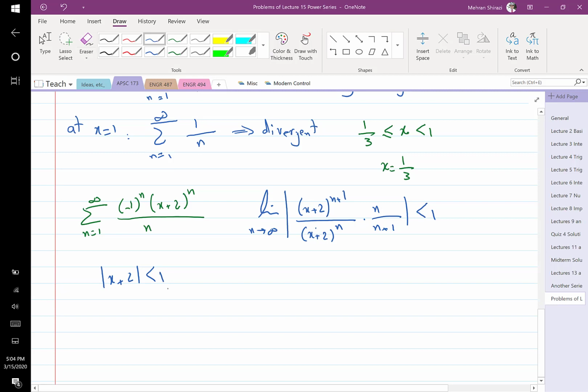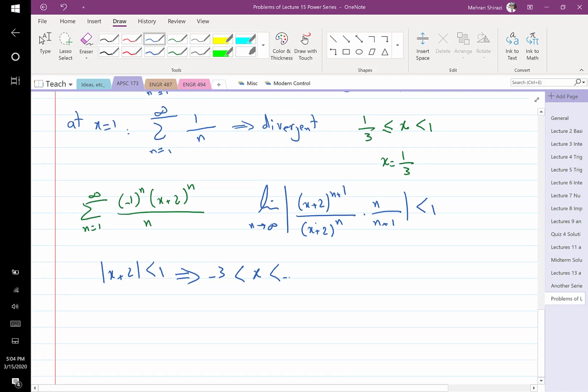I skipped a couple of steps because it's very similar to the previous example. Actually, all the examples as you see are very similar. So we can write, again I skipped the details, you can see x should be between -3 and -1. The radius is 1.